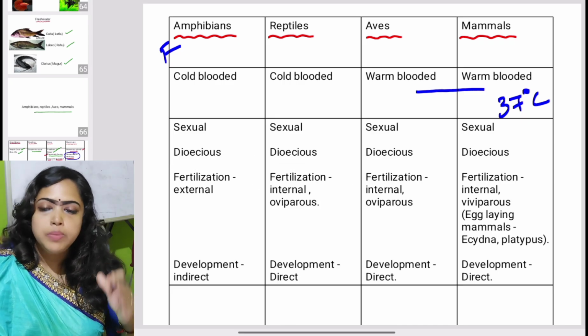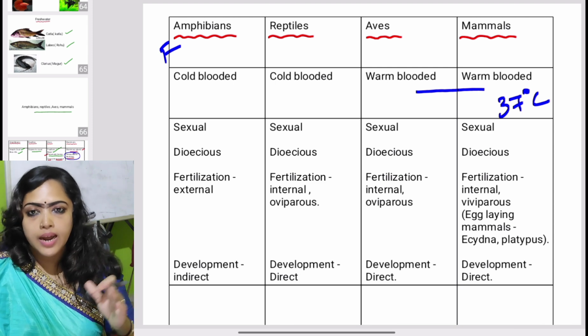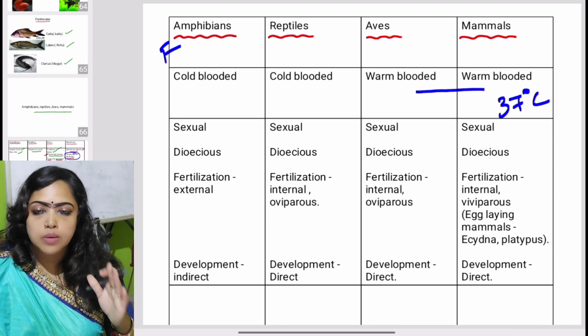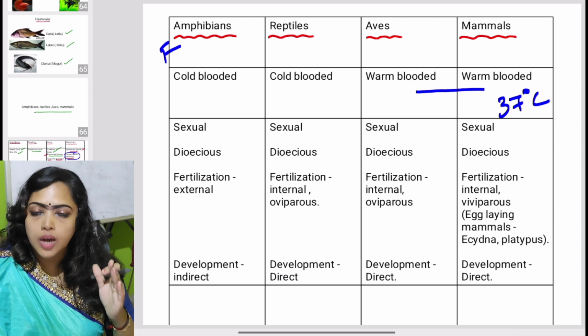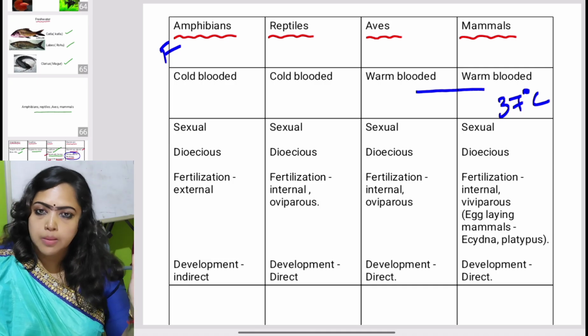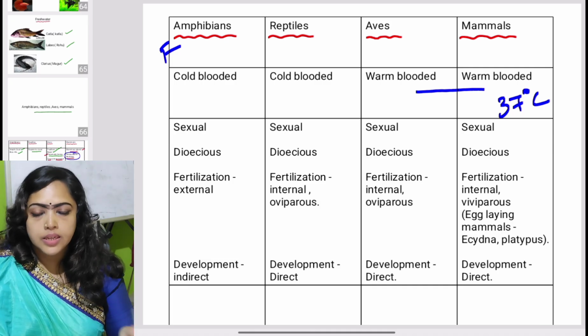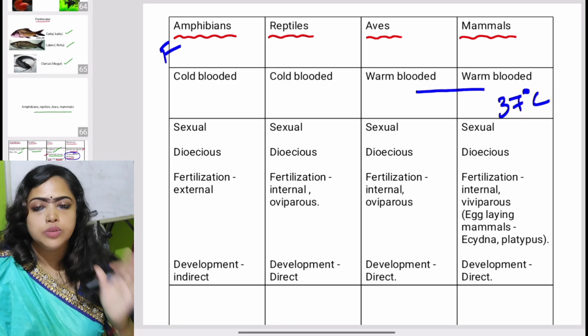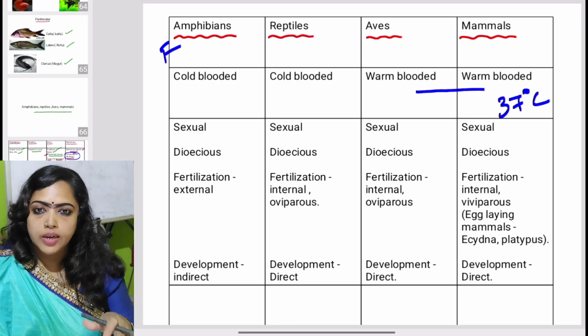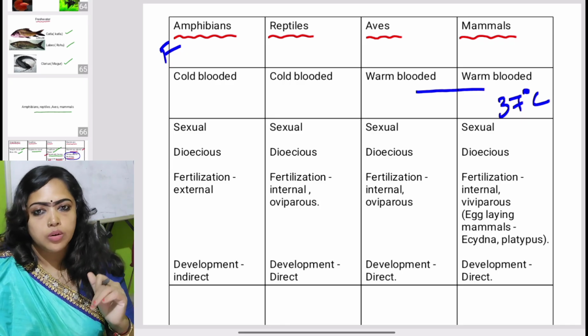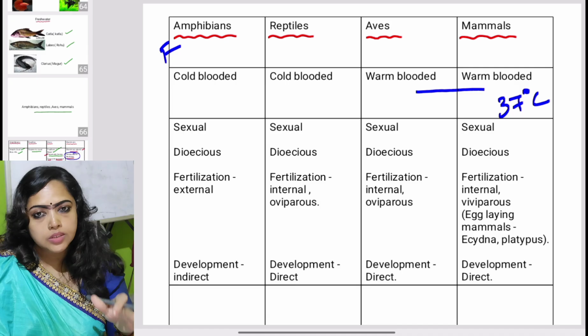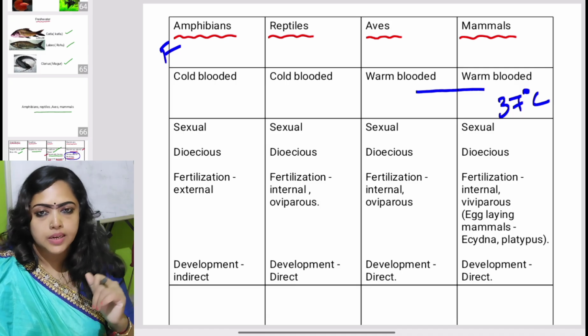So warm-blooded or homeotherms, they are the animals that maintain a constant body temperature. Example, higher vertebrates like apes and mammals. But the animals that change the body temperature according to environmental temperature, they are called cold-blooded or poikilotherms. Example, lower vertebrates like fishes, amphibians, reptiles. Okay.